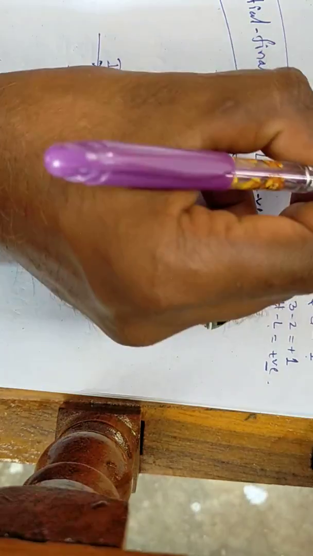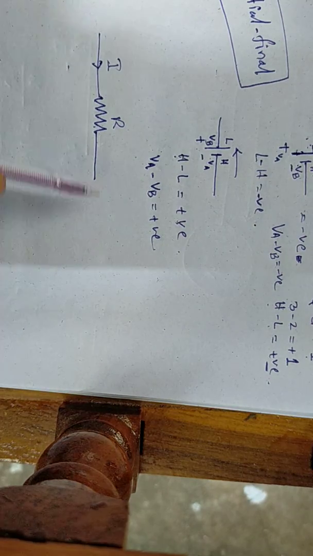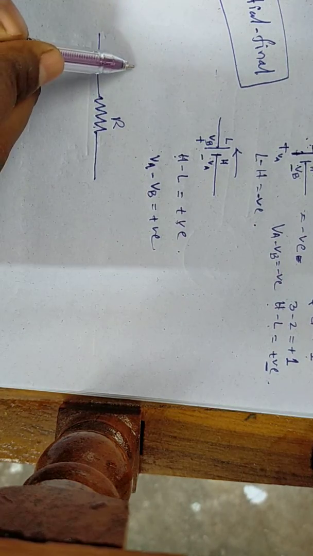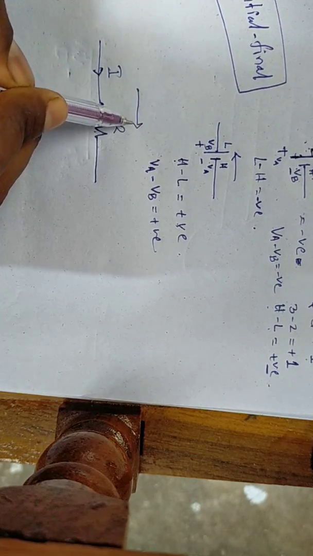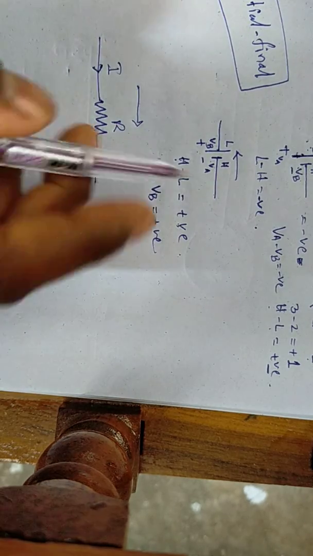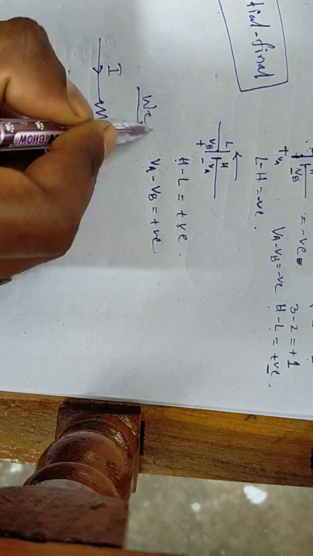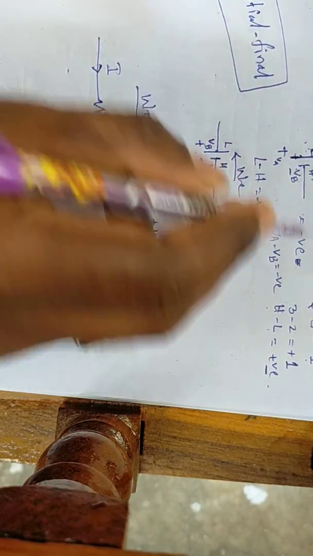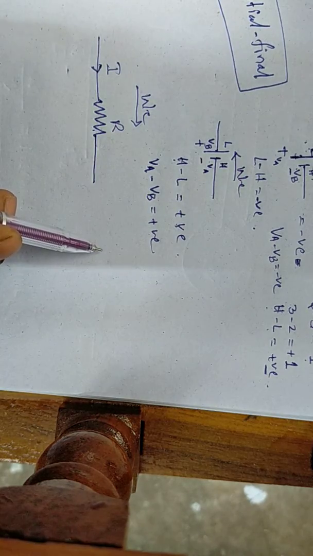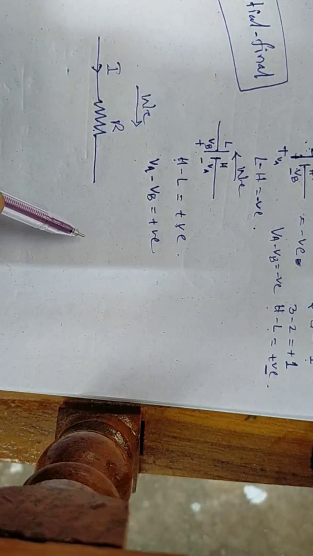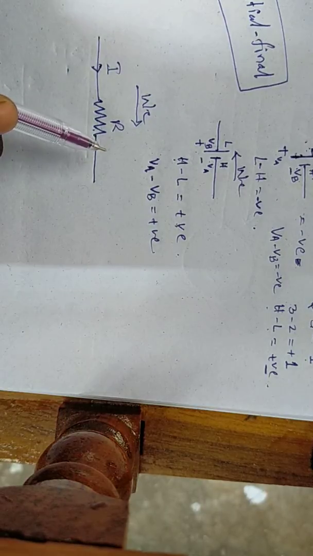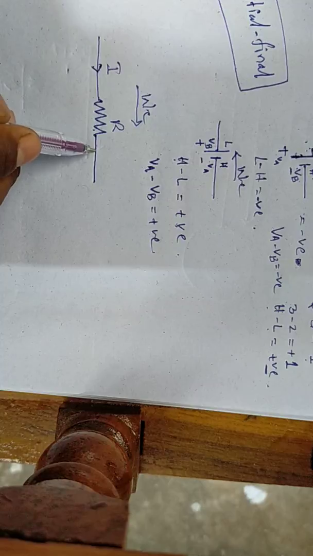So we are traversing the circuit. If we are moving in the direction of current, what will be the direction of flow of electrons? Opposite.